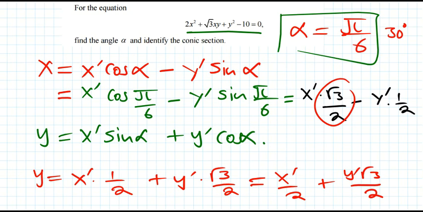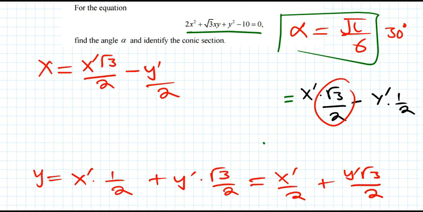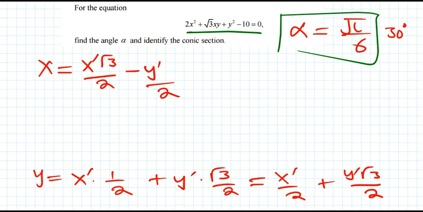So I can actually now say my x is equal to x prime root of 3 over 2 minus y prime over 2, and then my y is equal to x prime over 2 plus y prime root of 3 over 2.